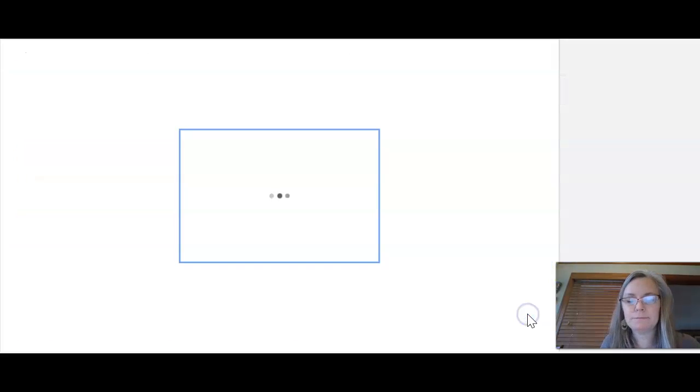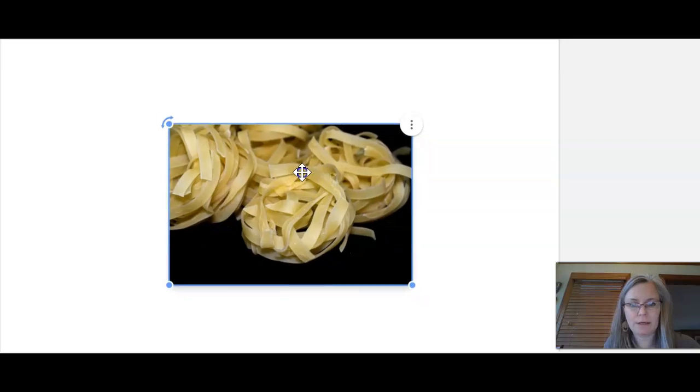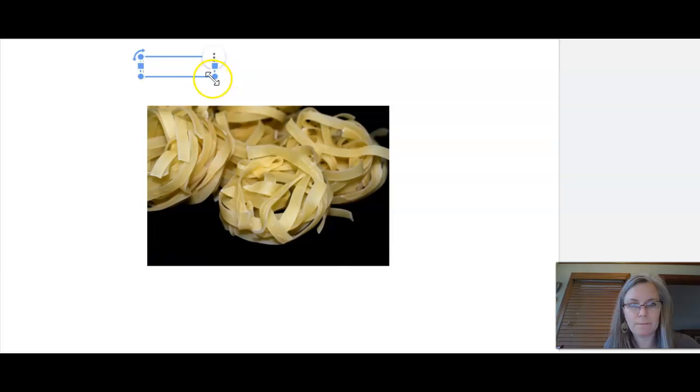All right, I'm gonna make that sort of big. And then I'm going to insert a text box. Hello, text box. Okay. And I'm going to fit that over it.